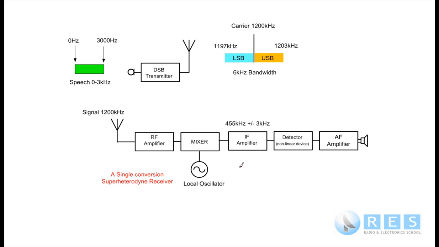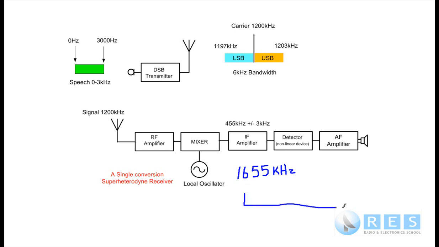It'll be a bit rough because I'm drawing with pen. If we put the oscillator on 1655 kilohertz, now we don't know the frequency of the oscillator on a broadcast band receiver. This is the dial on the radio, and it's not marked in frequency.